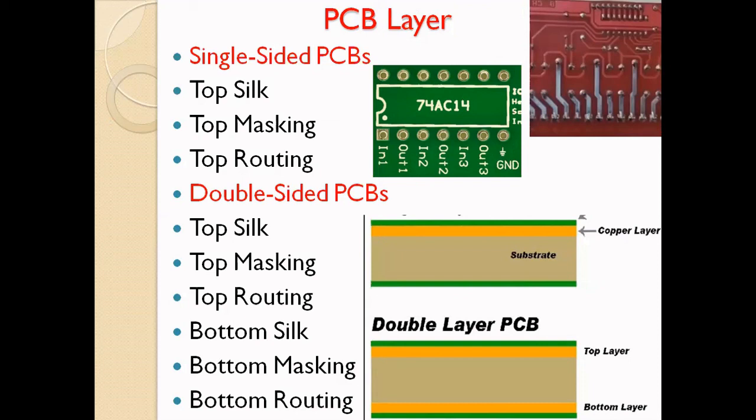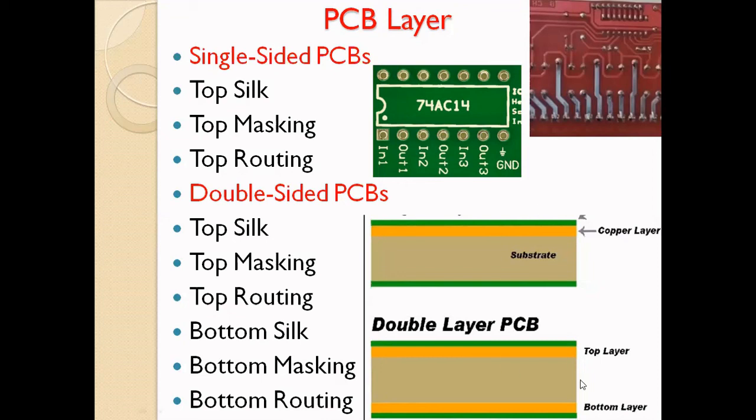First, a single-sided PCB has three layers: one is called top silk, another is masking, another is routing. If you go for the double-sided PCB, it has top silk, top mask, and top routing, as well as bottom silk, bottom masking, and bottom routing.